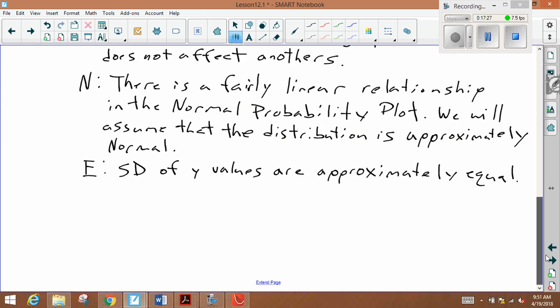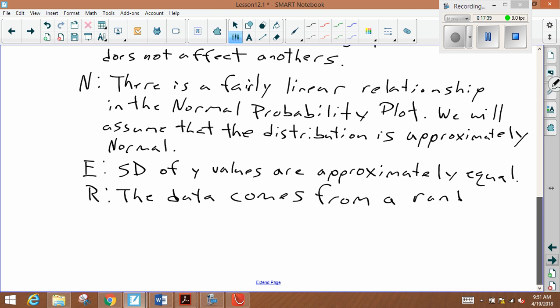And then R, the data comes from a random sample. Boom. A is done in our phantoms. Yay.